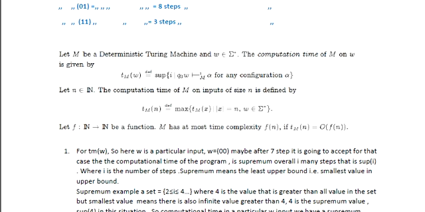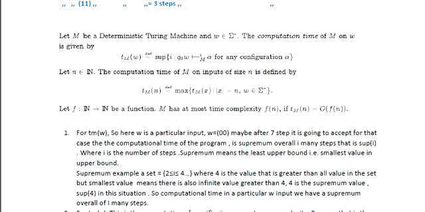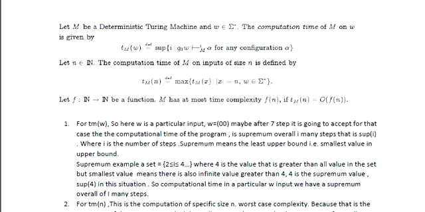In that case, 4 is the upper bound and 2 is our lower bound. So we can say 4 is the value that is greater than all the values in the set, but the smallest such value, even though there are infinitely many values greater than 4. So 4 is the supremum value.